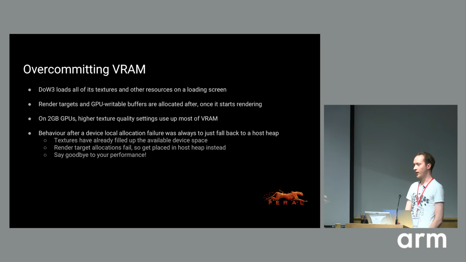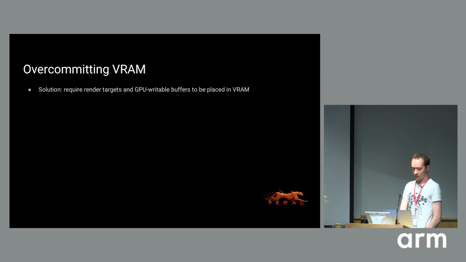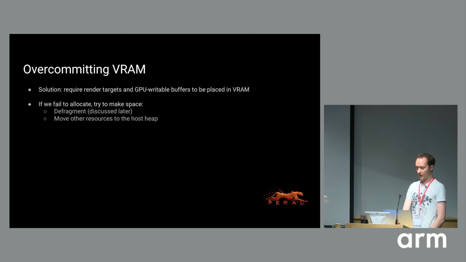And funnily enough, this is really, really bad for performance, so don't do that. The solution was that we changed our memory manager so that it requires that render targets and GPU writable buffers be placed into VRAM. If we fail to allocate one, then we go through a procedure that tries to make some space available.